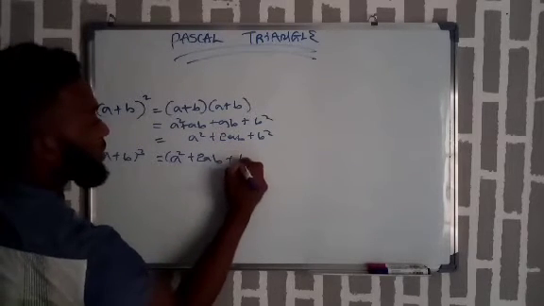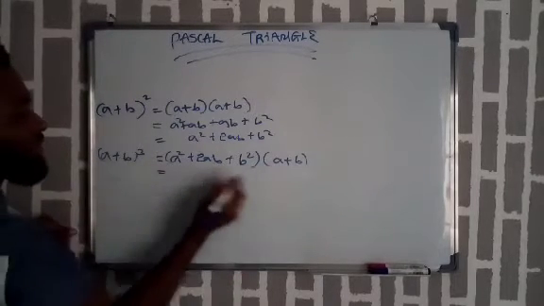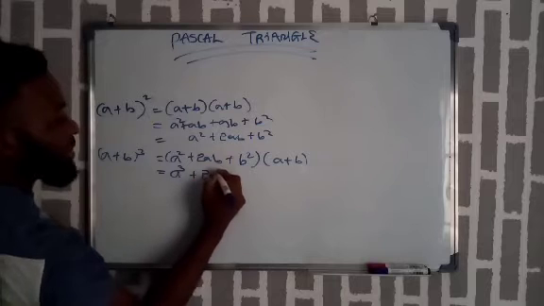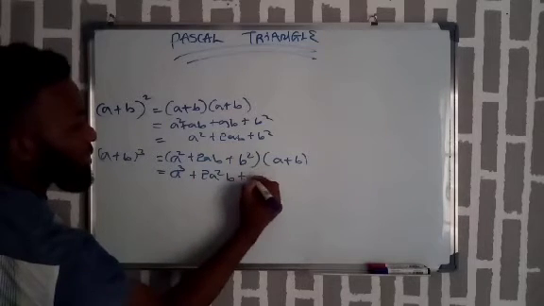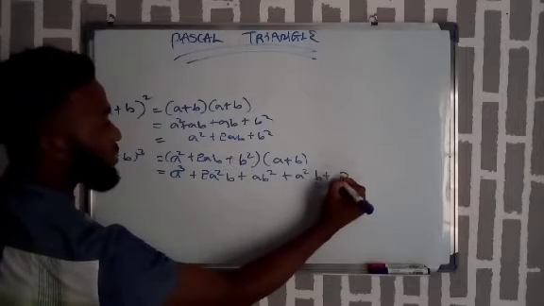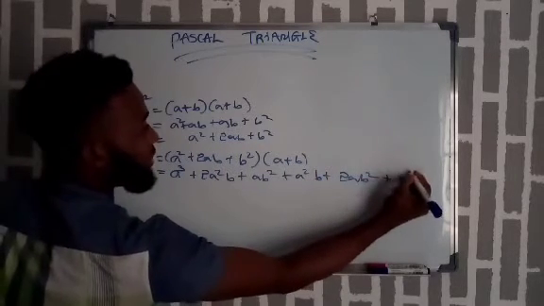Sorry, you want to say this, so you have to come back and start expanding and say a cube plus 2a square b plus ab square plus a square b plus 2ab square plus b cube.